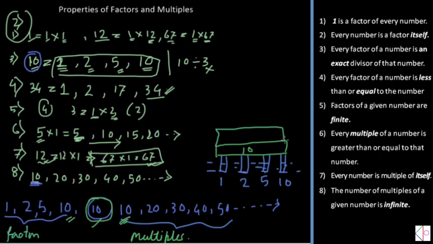Again we have to construct a roof, that is called the multiples of 10, that is 10. First roof. Again we construct the second roof of the building, the second multiple of 10, equal to 20. Again the third roof, that means 30, multiples of 10.